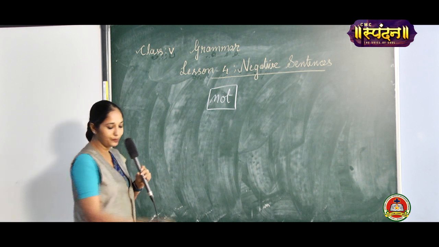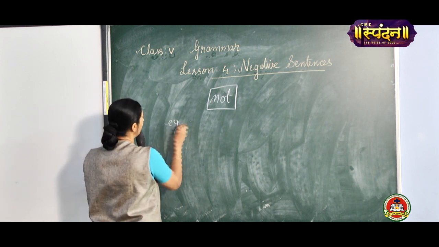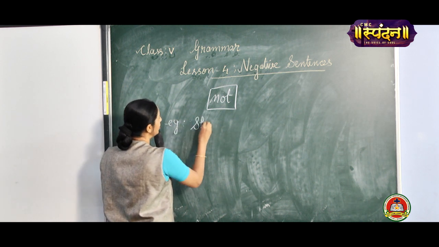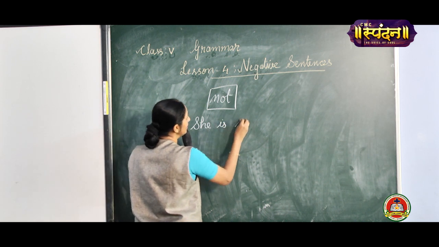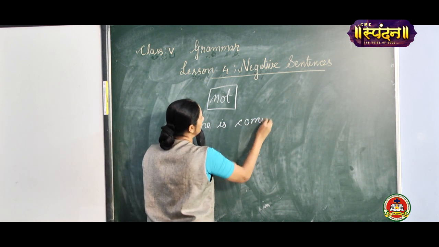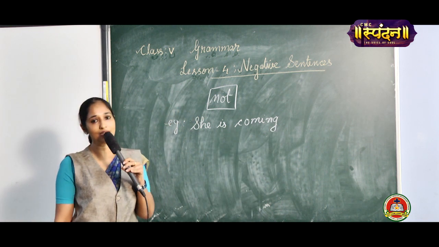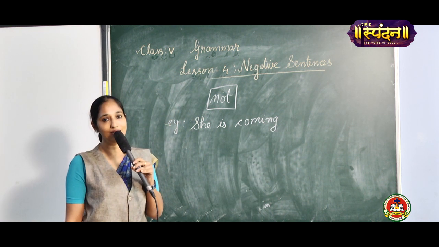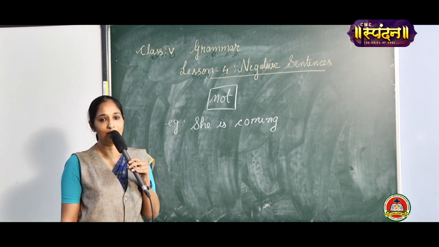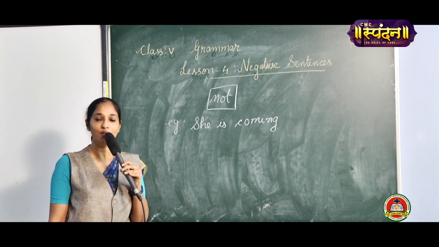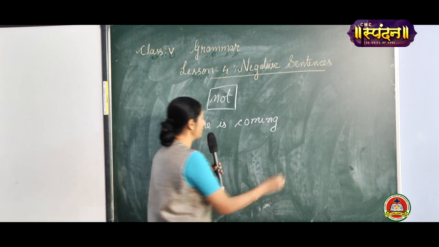For example, she is coming. I have written a positive sentence on the board. She is coming. Now let's see how to form the negative sentence.